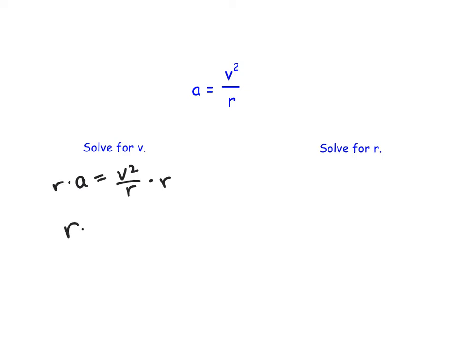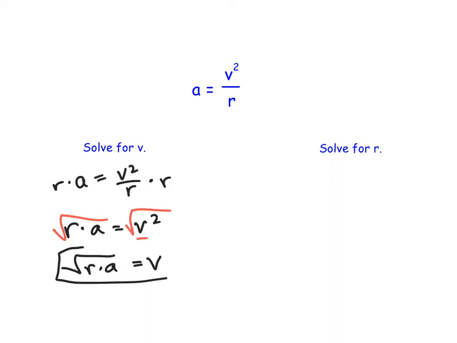And I get R times A equals V squared. And then if I want to get V all by itself, I need to get rid of the square, and I'm going to square root both sides. So then I get V equals the square root of R times A. All right, so that would be solved for V.